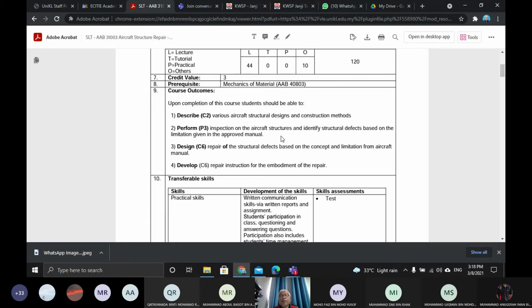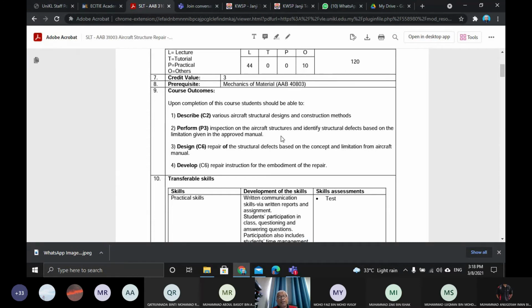Number 4, develop repair instruction. Once you have designed the repair, you need to analyze the repair, and most importantly, at the end, you need to determine the factor of safety of your repair. Then after completion, when you are satisfied the repair is good based on your design and analysis, you have to write instruction for the repair to be embodied to the aircraft.